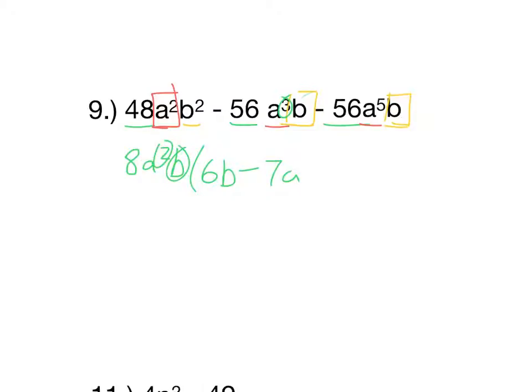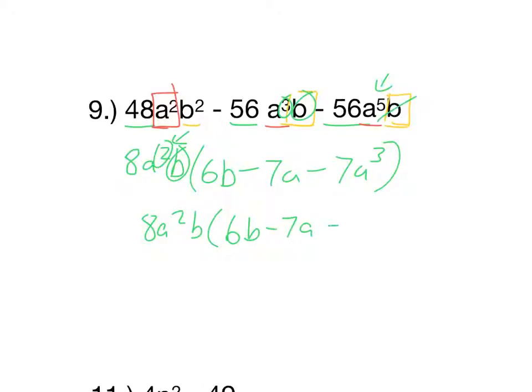And if you take a b out of b, those are going to cancel out. And that's going to be minus, again, 56 divided by 8 is 7. You take 2 a's out of 5 a's, you're left with 3 a's. And then the b's are going to cancel out. So your final answer is going to be 8a squared b times 6b minus 7a minus 7a cubed.